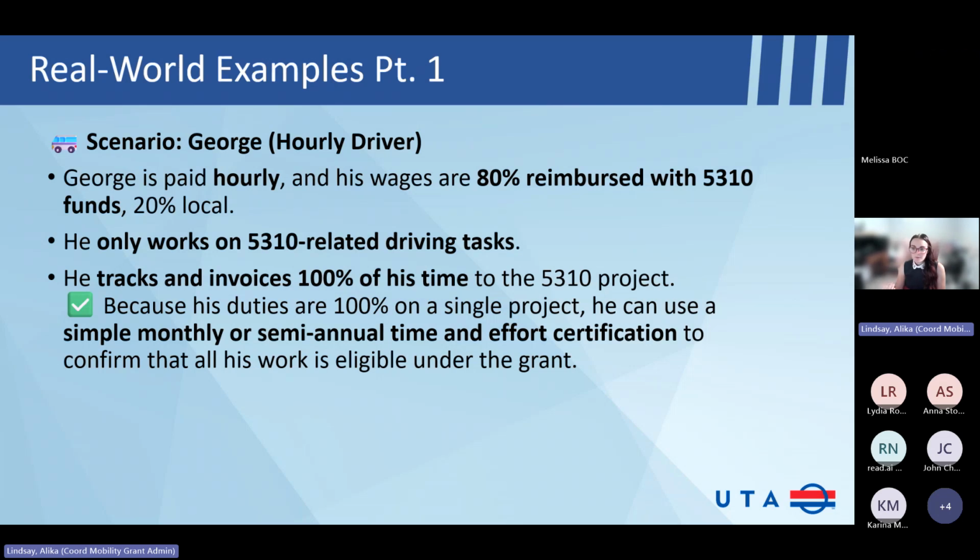Again, it could be like a PAR, like I showed you, and twice a year, the supervisor reviews it, agrees that the time is accurate, the employee signs that their time's accurate, the manager signs that their time is accurate, and it goes into a folder. And that folder is just in case of an audit or something where you have to prove and show that you reviewed and agreed that that time and effort was accurate.